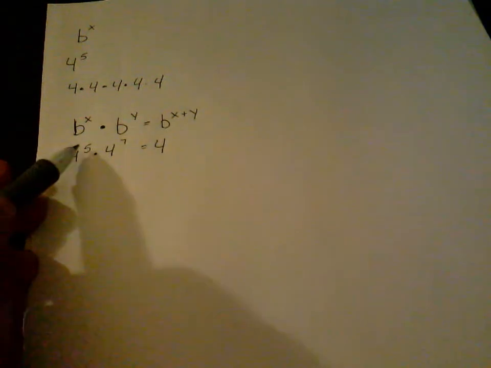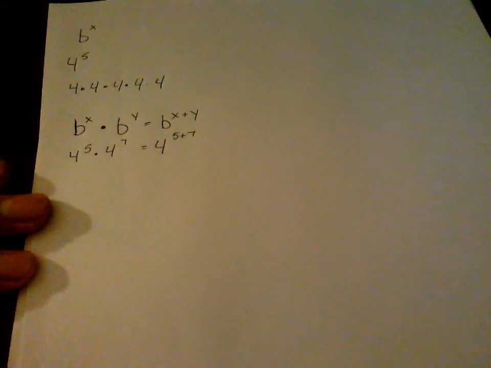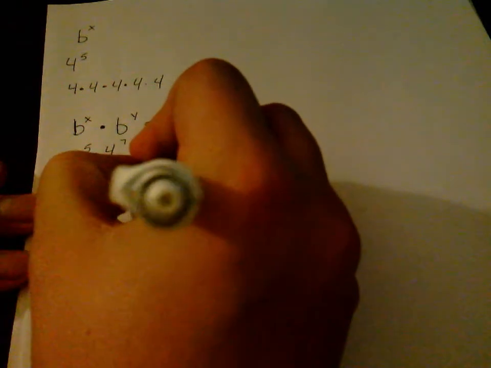Let me show you why that works. Let's say we have 4 to the 5th times 4 to the 7th. We keep base 4 and add 5 plus 7, so this is actually 4 to the 12th power.